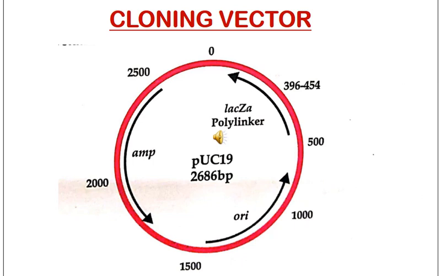The p in pUC19, as you can see from the name, symbolizes plasmid, and UC symbolizes that this plasmid vector was researched at the University of California. So UC has been taken from that name.